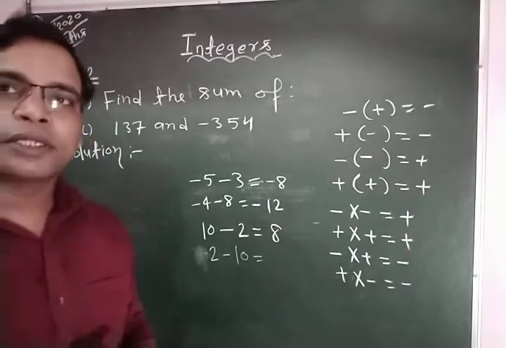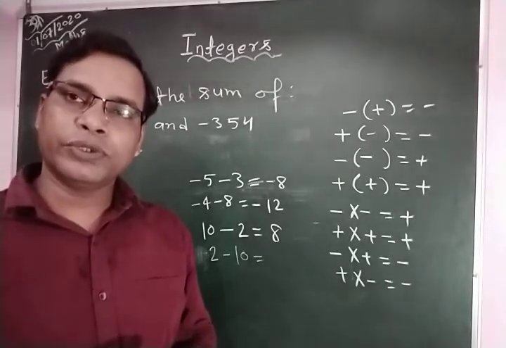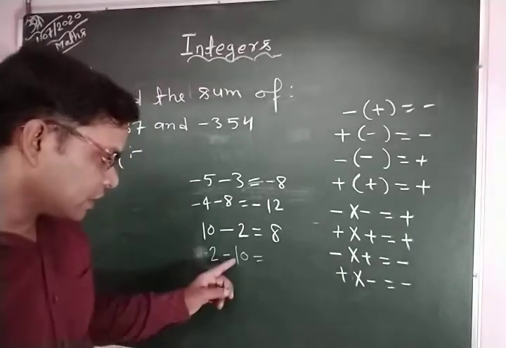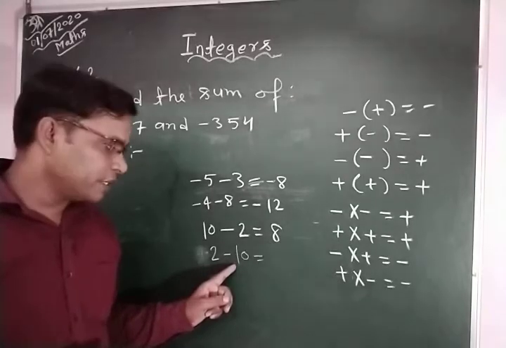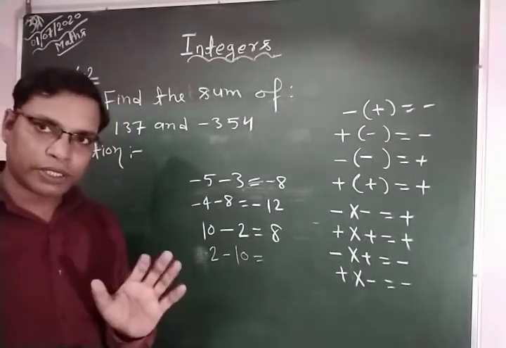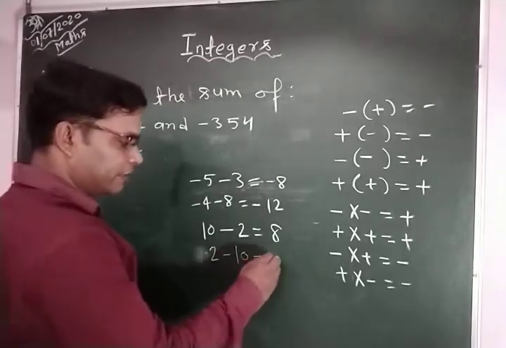We subtract the smaller number from the greater number and use the sign of the greater number. Here 10 is the greater number and 2 is the smaller number. The sign of 10 is minus.